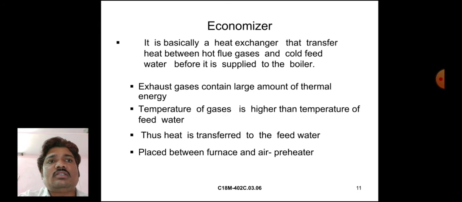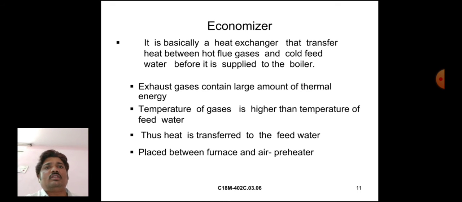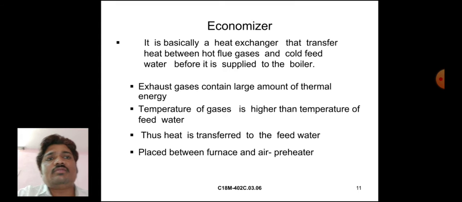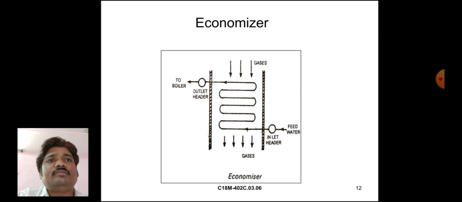Temperature of gases is higher than temperature of feed water. Thus heat is transferred to the feed water. This economizer is placed between furnace and air preheater.